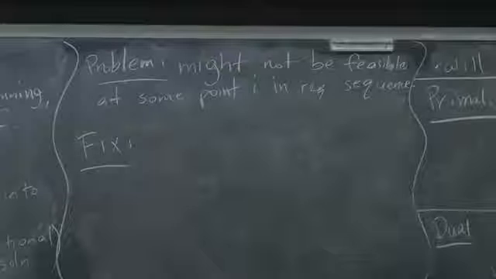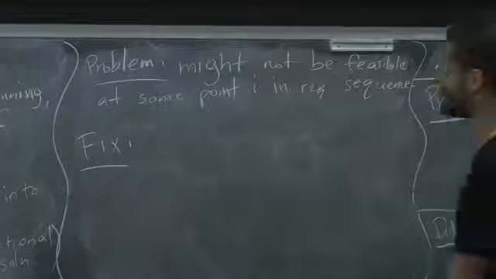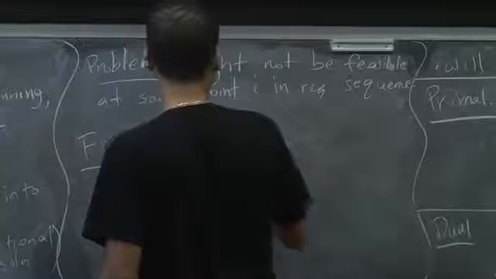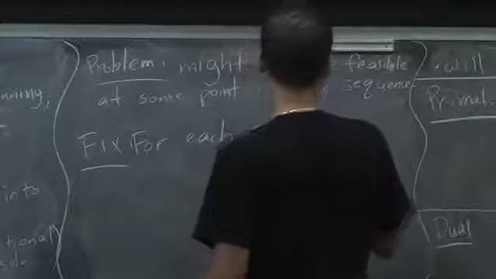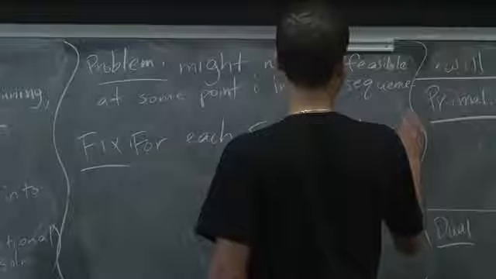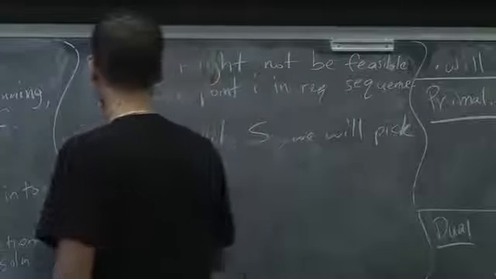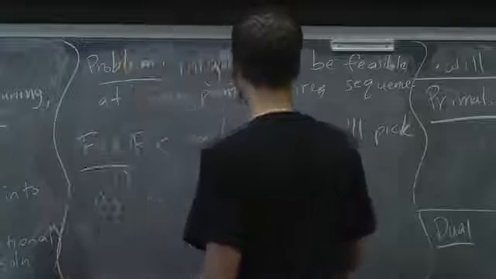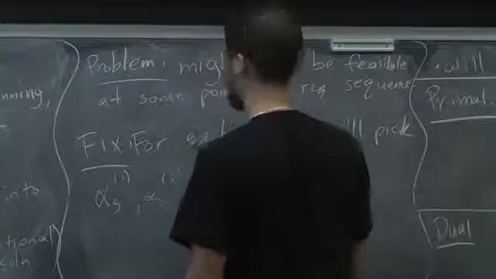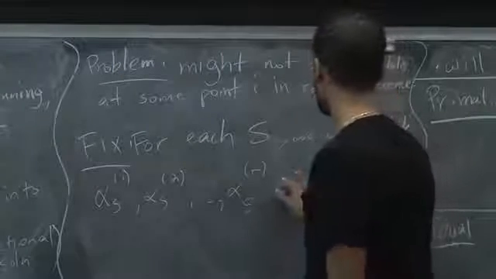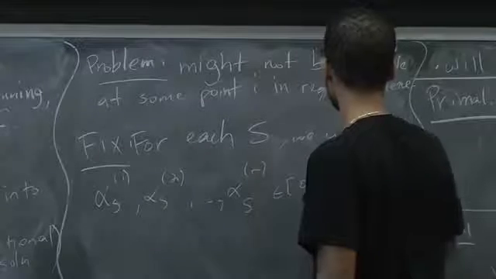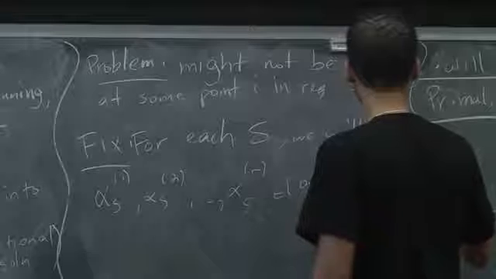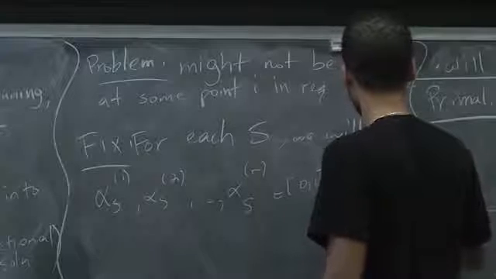Okay, so this is the actual fix. For each s, we will pick alpha s1, alpha s2, up to alpha s r in 0, 1 uniformly at random, and also independently.